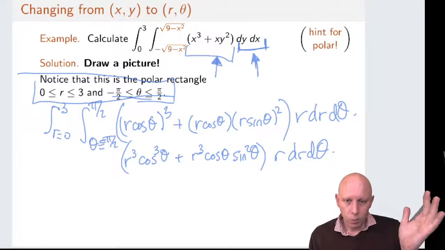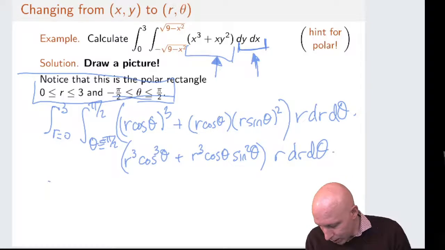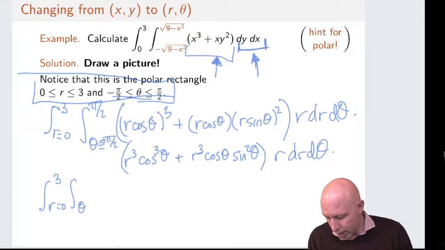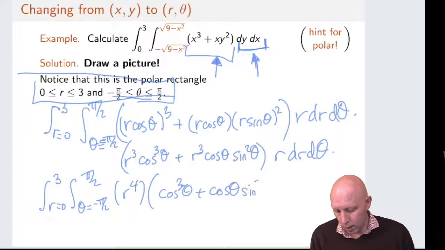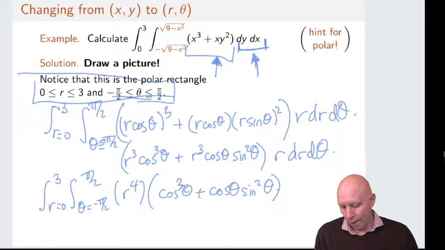Let's now put the r's together. We have an integral from r equals 0 to 3, integral theta equals negative pi over 2 to pi over 2, we have an r to the fourth, and then we have a cosine cubed theta plus cosine theta sine squared theta, d theta dr.